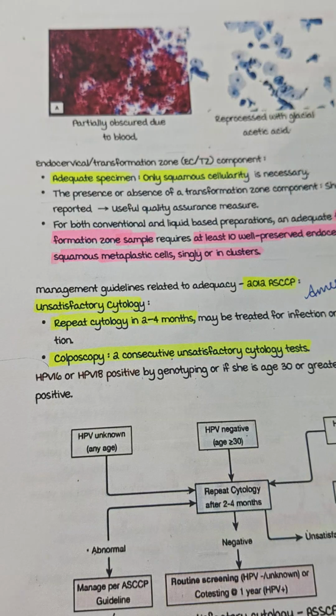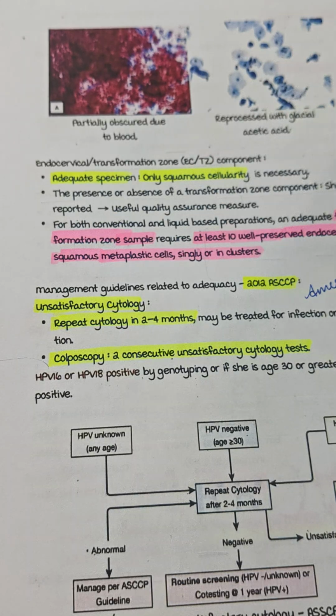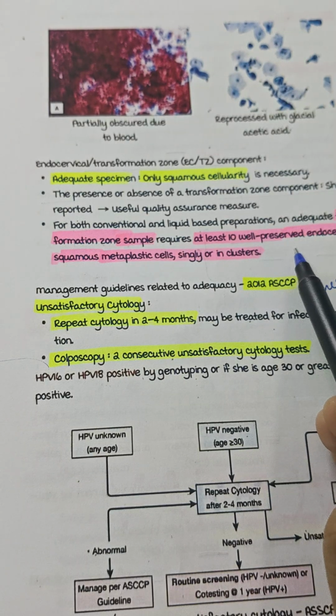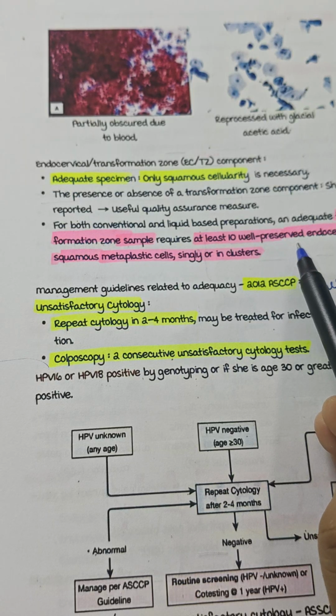Now what about endocervical and transformation zone component? For an adequate specimen, only squamous cellularity is necessary. Presence of transformation zone component should be reported, and it is useful for quality assurance measures for both conventional and liquid based preparation. An adequate transformation zone sample requires at least 8,000 to 12,000 cells per smear in a Pap smear, while at least 5,000 cells in liquid based cytology.